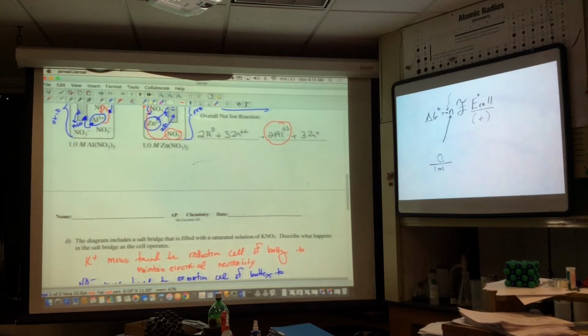Equilibrium is products over reactants, coefficients become exponents, and solids and liquids do not apply. I forgot the Al here, that's a solid. So really, K is the concentration of aluminum plus 3 squared over zinc plus 2 cubed.